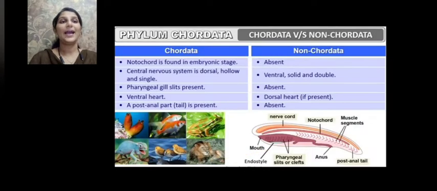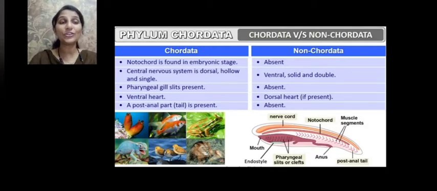And now the differences between the chordates and non-chordates. The notochord is present in the embryonic stage in the case of chordates, whereas it is absent in the case of non-chordates. And a central nervous system is present in chordates, which is dorsal in origin, hollow and single.